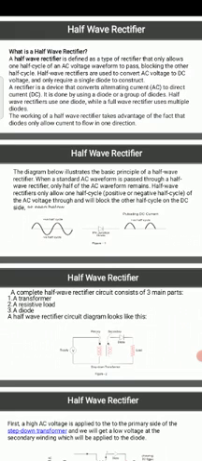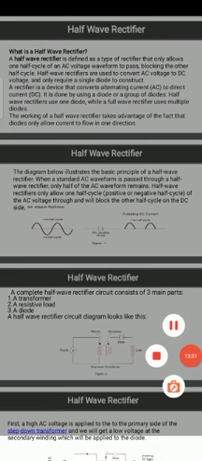During the negative half cycle the diode acts in reverse bias and blocks that half cycle. So the half wave rectifier is used to convert AC voltage to DC voltage and requires only a single diode.